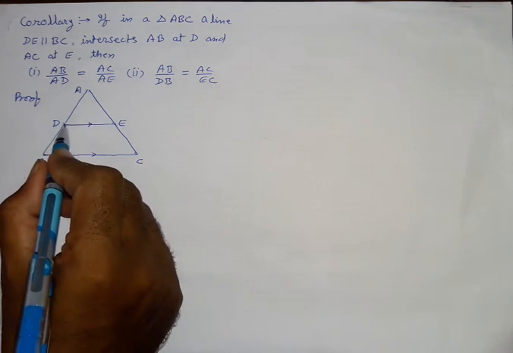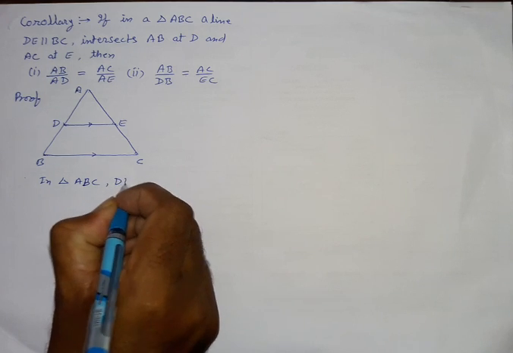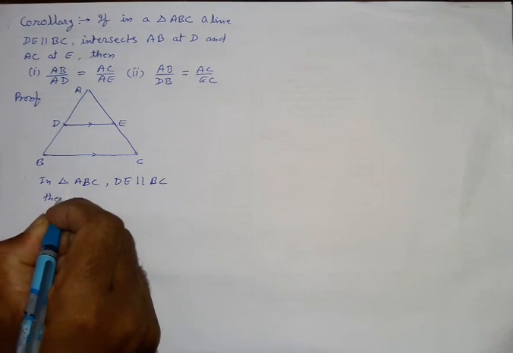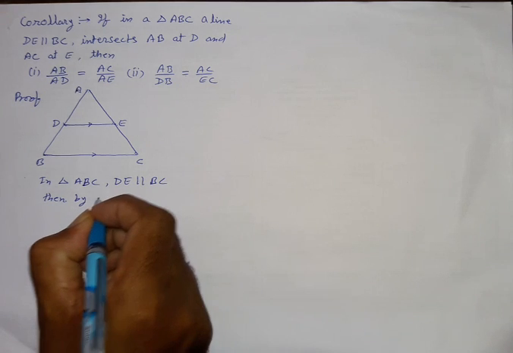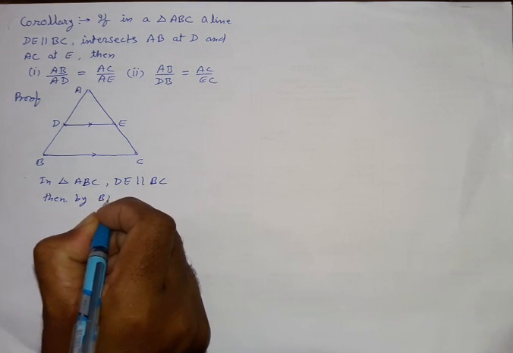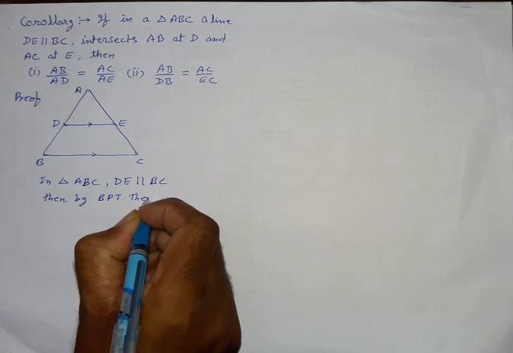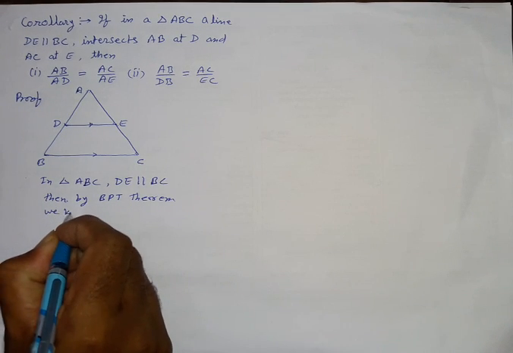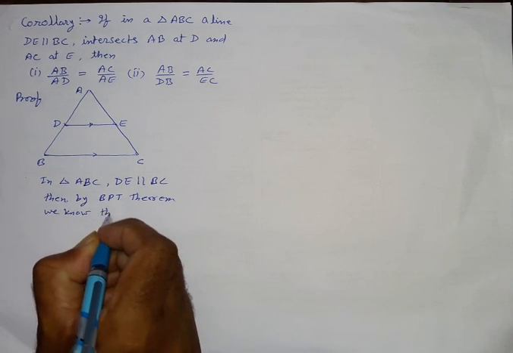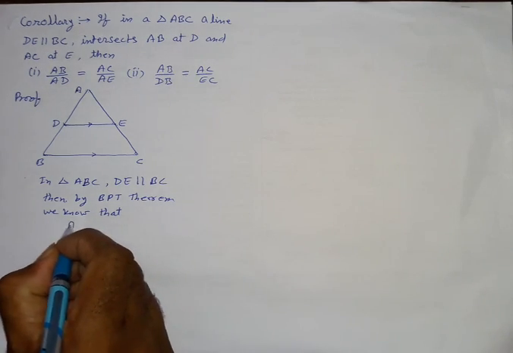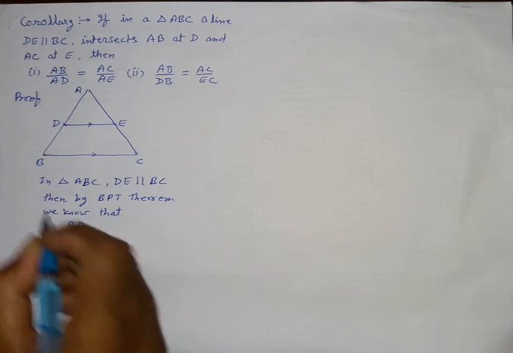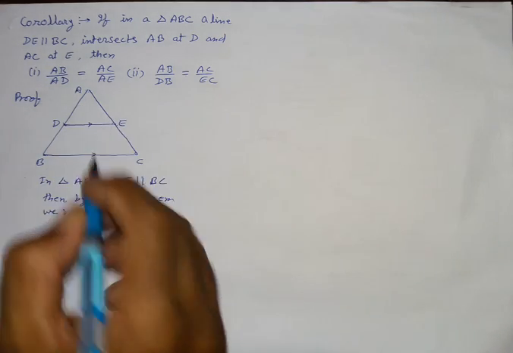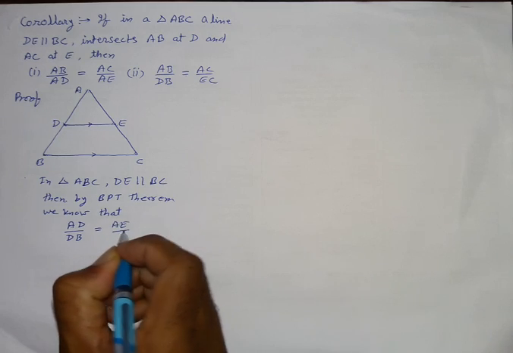Means if DE is parallel to BC, then by the BPT theorem we know that AD upon DB is equal to AE upon EC.